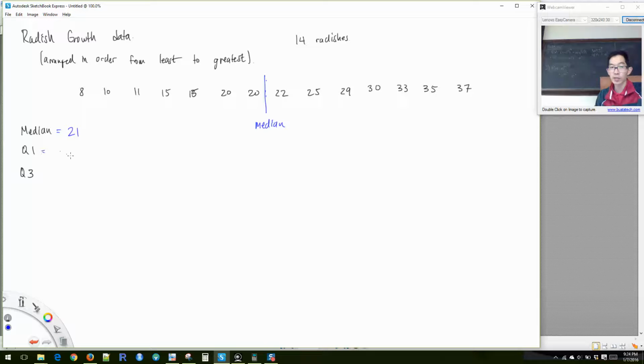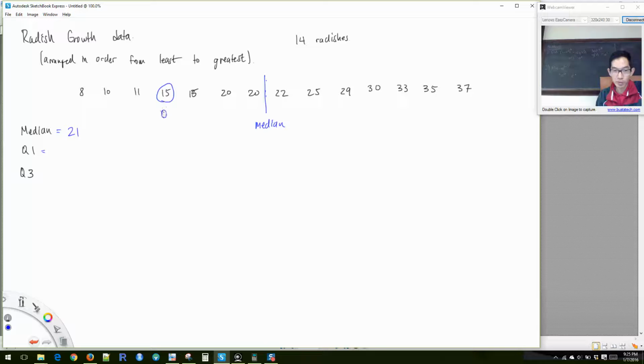To get Q1, I'm going to take my 7 smaller numbers and find the median of those numbers. To get a quarter, if you have a loaf of bread and you want to cut it into quarters, you would first cut it in half and then cut each half in half again. So here I've got 7 numbers and I want to find the median of these 7, and what will that be? 15. This one right here.